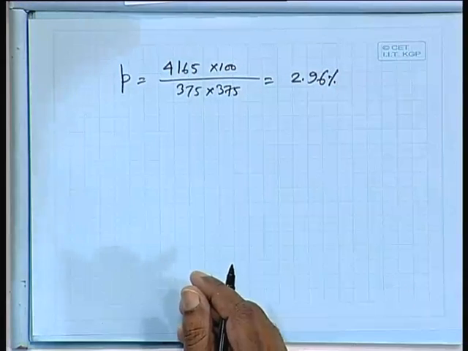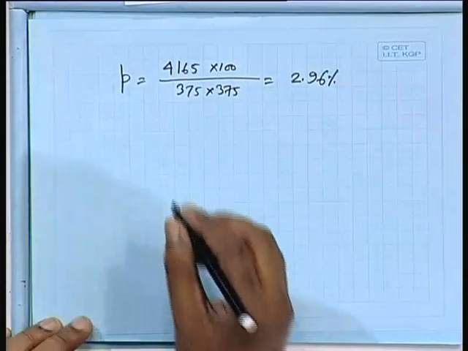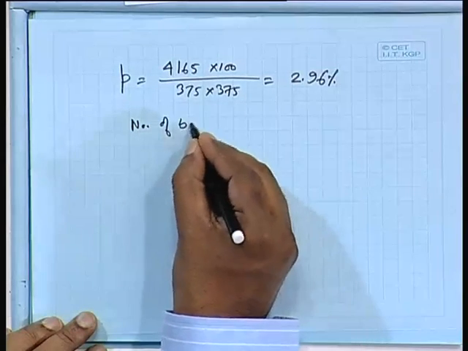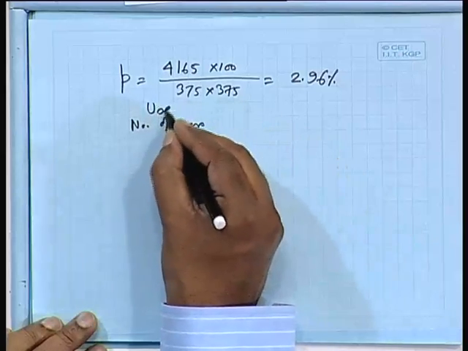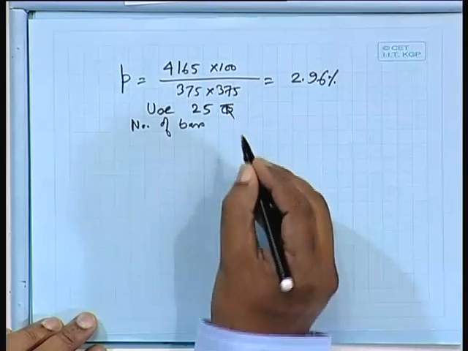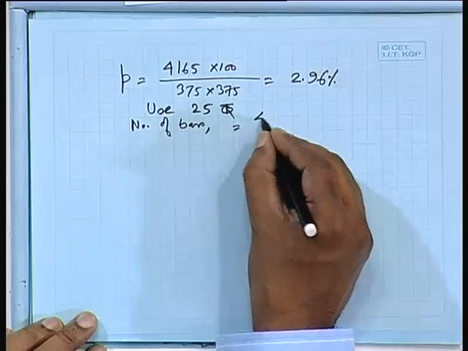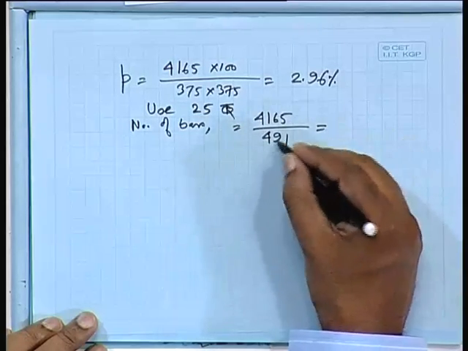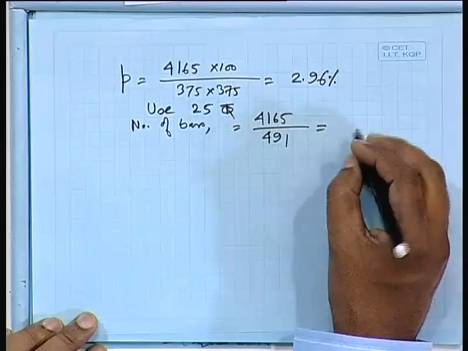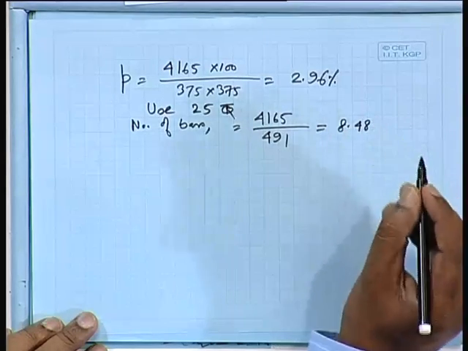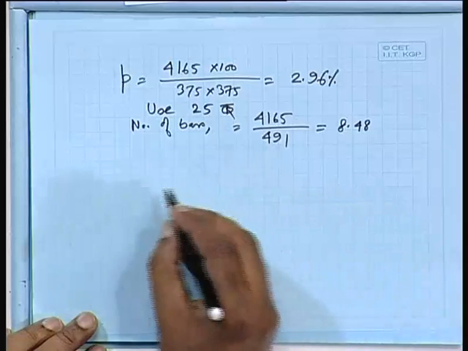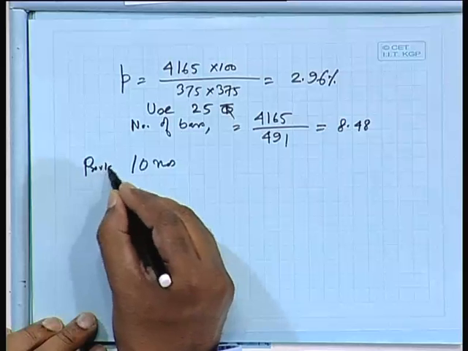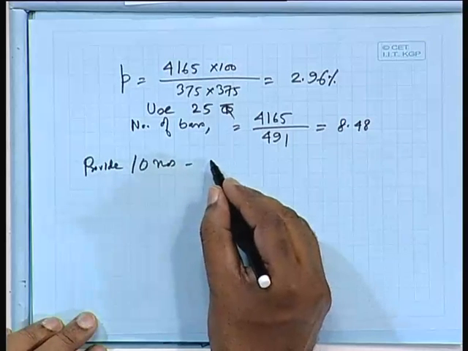Number of bars: use 25 TOR, number of bars equal to 4165 by 491, which is the area of the 25 millimeter bar, which comes to 8.48. What we can do is provide 10 numbers of 25 TOR.